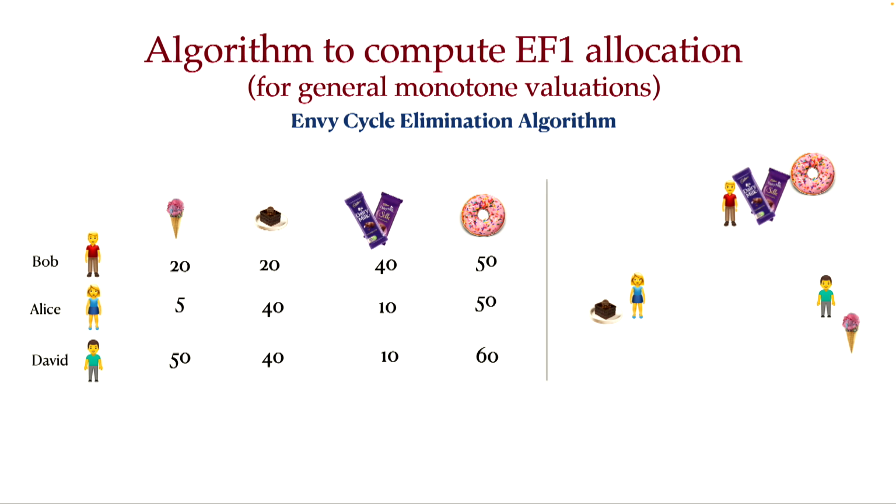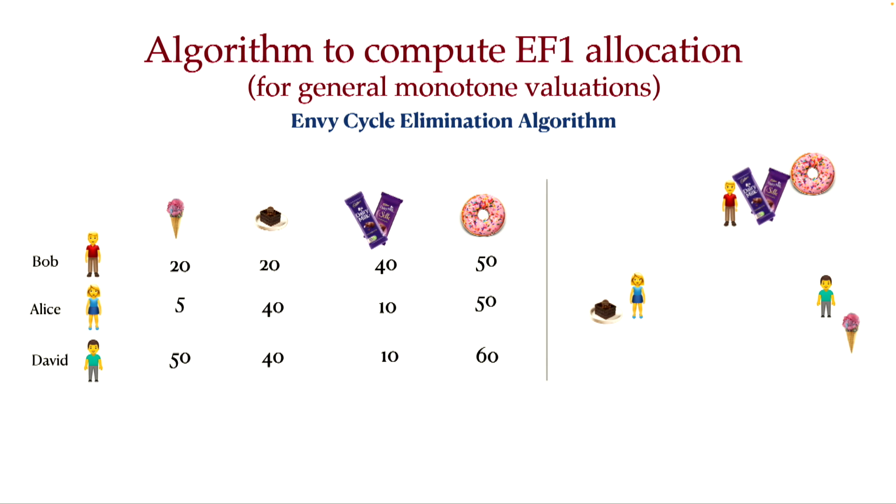And if there is no such vertex, then I cannot apply the same argument because everybody envies someone at least. Everybody is envied by someone. That is also correct, right? So, then I am trying to eliminate this cycle. Why am I reallocating? Because I am trying to eliminate this cycle. Why am I able to eliminate the cycle? That needs a proof.